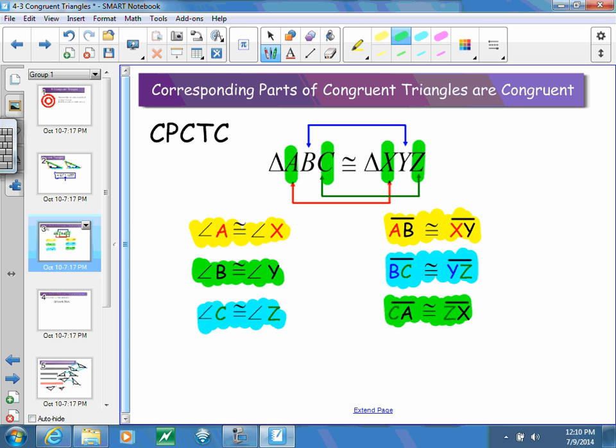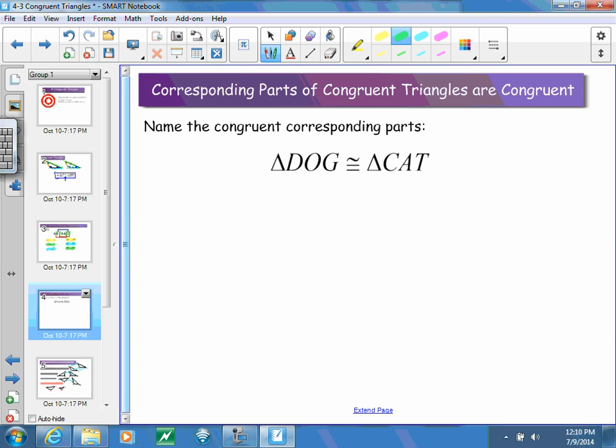And this is CPCTC. So if I use a congruent statement of triangle DOG is congruent to triangle CAT, I don't have the two triangles drawn out for me, but I can go ahead and list the 6 pieces of information just given the congruent statement that I have.